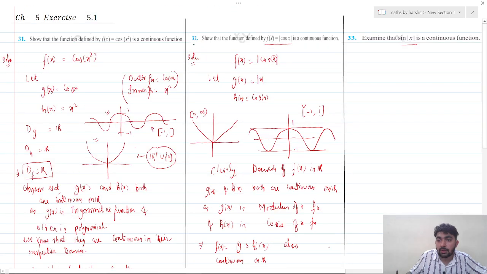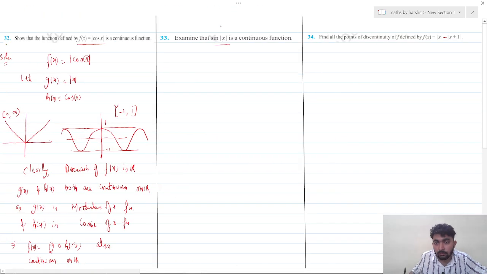Okay, now we are moving toward the sine of mod x. See, here mod cos x is given, here sine of mod x is given. Now actually they are both of opposite function. Okay, so here we have f of x, this is your f of x, is the sine of mod x function.